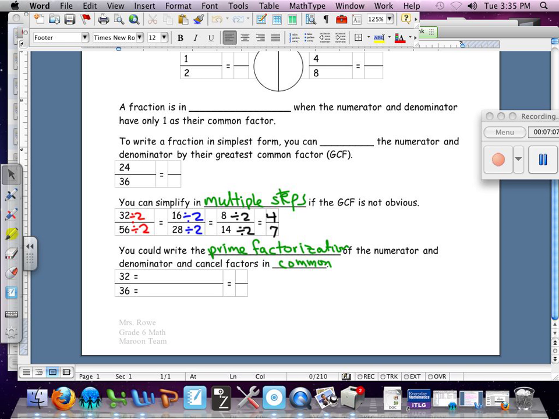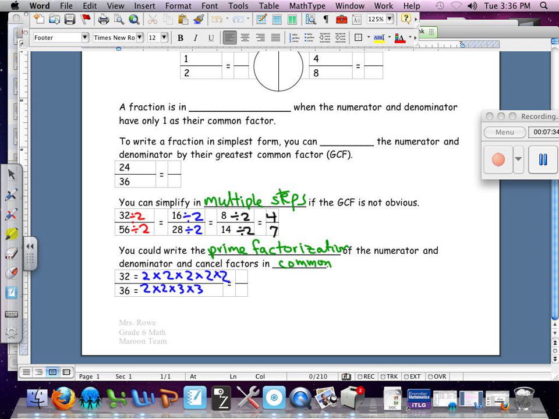So when we simplify fractions, you're going to see us do something called simplifying or canceling out factors. So 32 is equal to 2 times 2 times 2 times 2 times 2. Let's see, that's 4 times 4 is 16 times 2 is 32. And 36 is equal to 2 times 2 times 3 times 3.